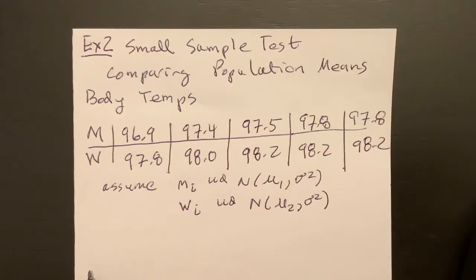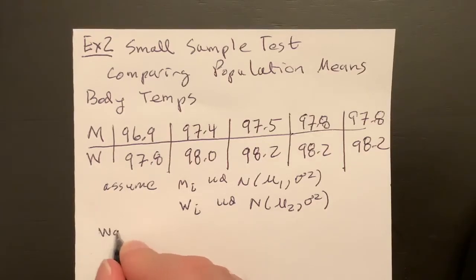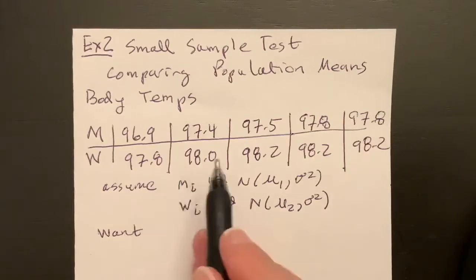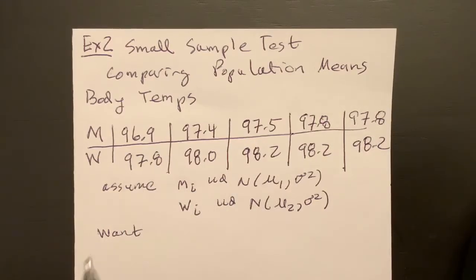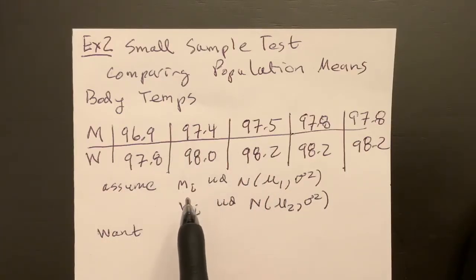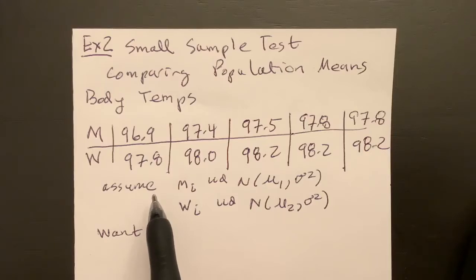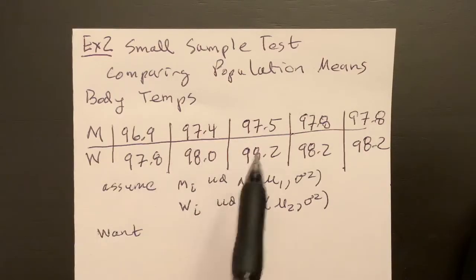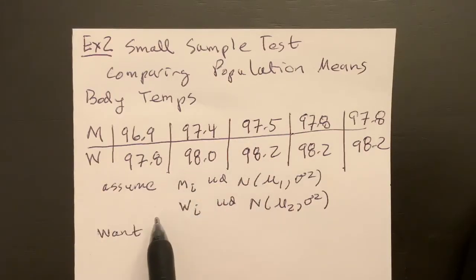So our test will be, we want to test to see if there's significant difference in the means. Now it appears the women in this experiment had higher body temps than the men, so we don't expect the men to have a higher mean, but we want to see if there's evidence that the women do.